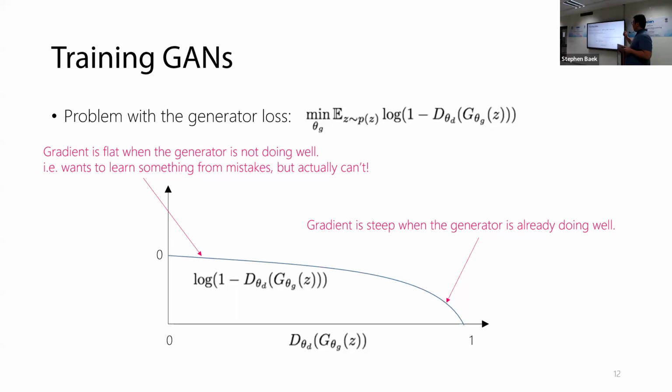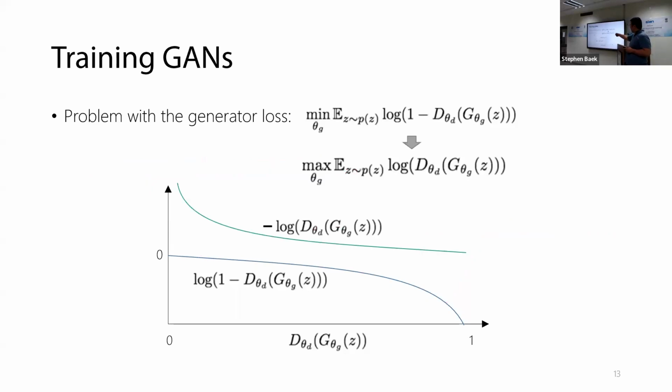The good news is that there's a very simple fix, which is to reformulate the loss to this one. So now we have the curve of negative of log x. And instead of minimizing this, we can consider maximizing this guy.